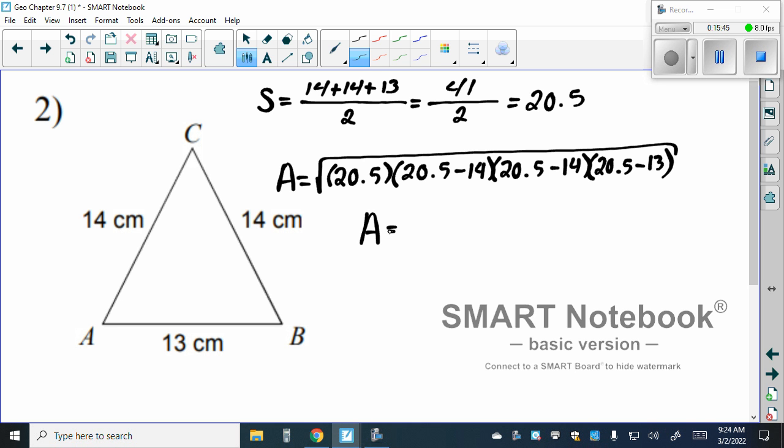This time we needed 14 twice because we had two sides that were 14. Fraction form works just as fine. Fraction or decimal, because sometimes writing the decimal might be easier, sometimes writing the fraction would be. So however you want to do it. And we get what? 0.59, or 0.60, either one works.